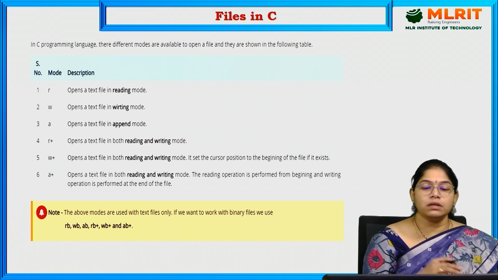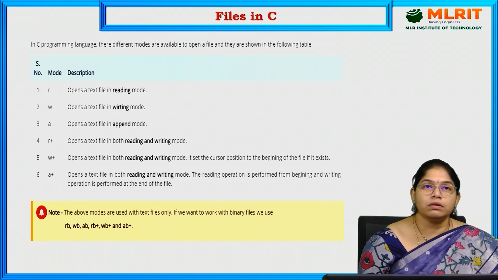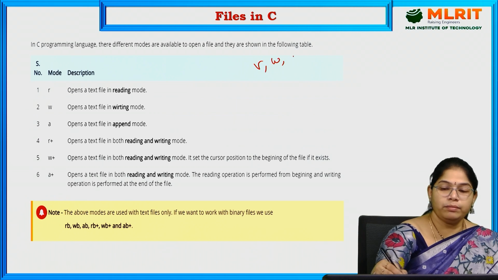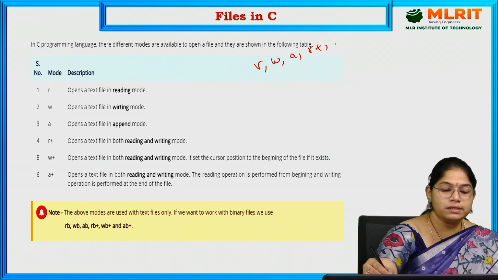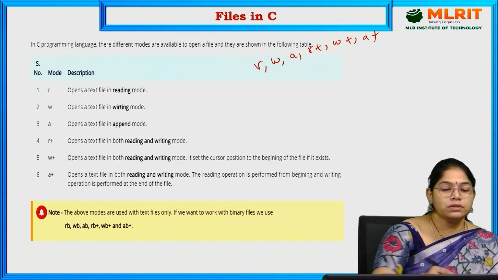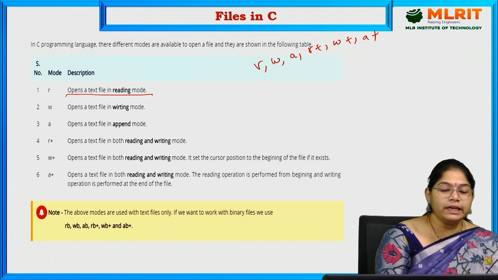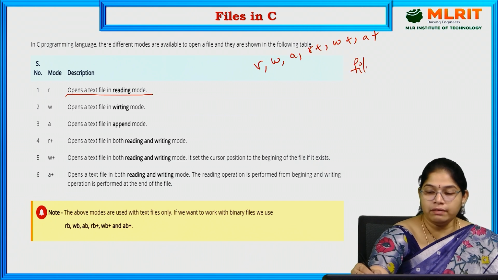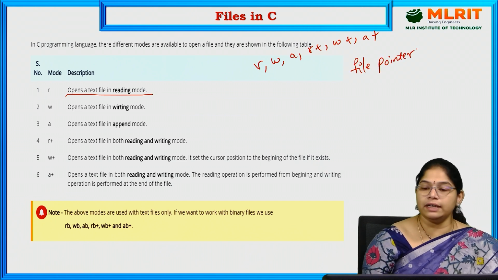Different modes that we can use on files are read mode, write mode, append, and r plus, w plus, a plus. So r opens a text file in reading mode. To fetch a file, we need a file pointer, because the files are stored in the hard disk.